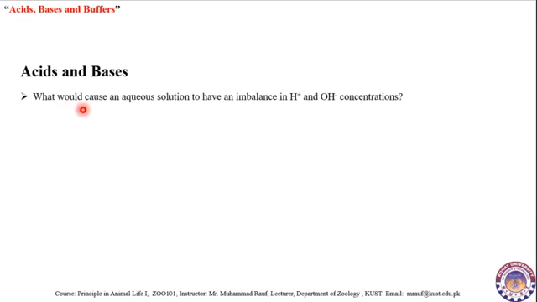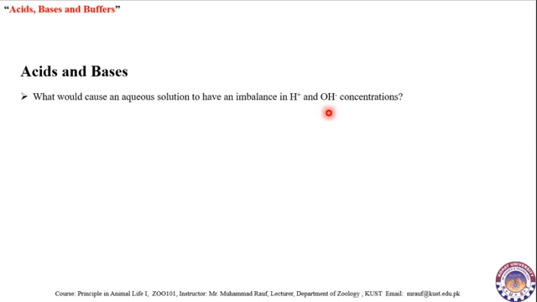What would cause an aqueous solution to have an imbalance in hydrogen and hydroxyl ion concentration? We already discussed that in pure water the pH is neutral, which means the concentration of hydrogen and hydroxyl ions is equal.